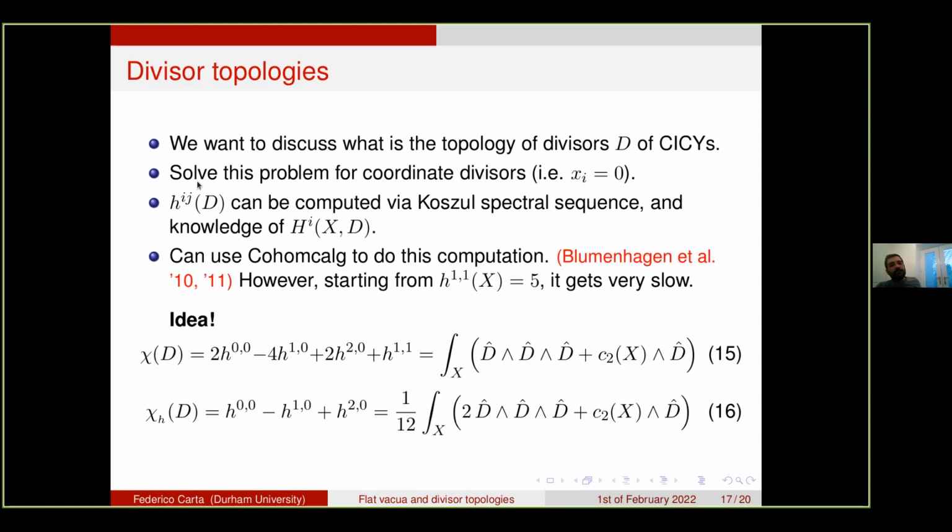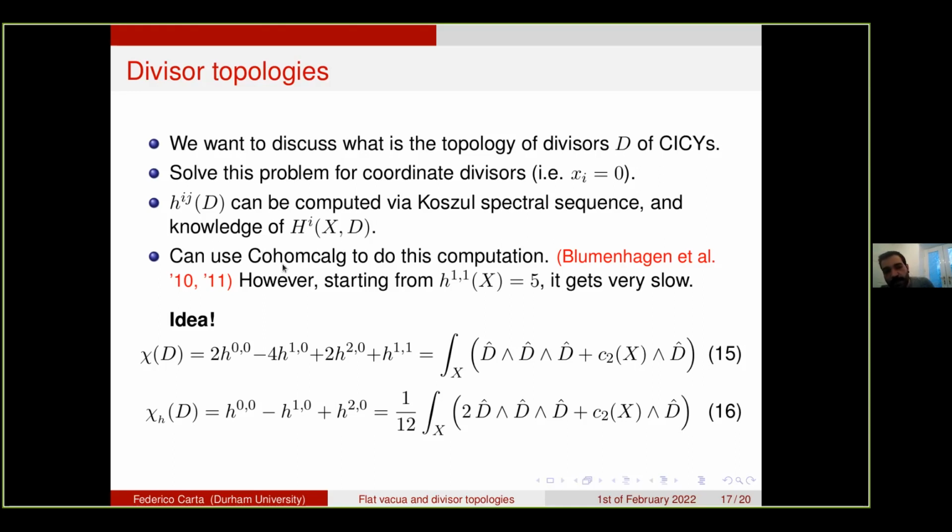Now, the Hodge numbers of the divisor can be computed. This is a mathematical problem that is solved, yet for me personally quite hard. They can be computed by the Koszul spectral sequence, which in turn can be computed if we have knowledge of the line bundle valued cohomologies for the Calabi-Yau X that we care about. Luckily, this computation was coded for us.